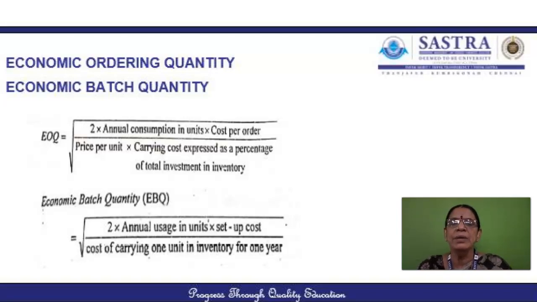When the demand rate equals the production rate, there is no carrying cost and the run length is continuous. Alternatively, economic batch quantity can be arrived at with the help of tables by trial and error method. It can also be solved graphically as in the case of economic ordering quantity.